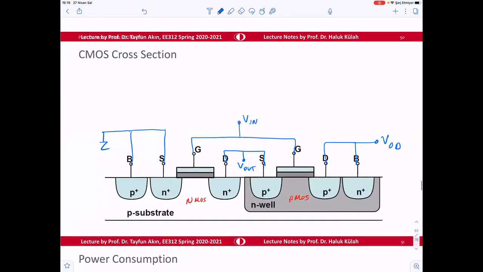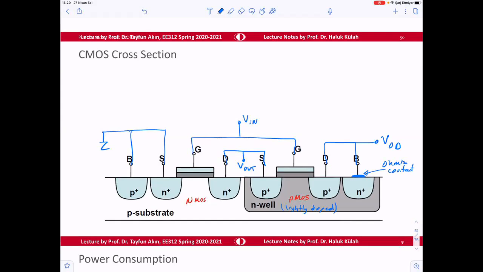And why do we need this N plus? So that we can have an ohmic contact for the metal. That's why we use N plus in here, because this is an N well, lightly doped.